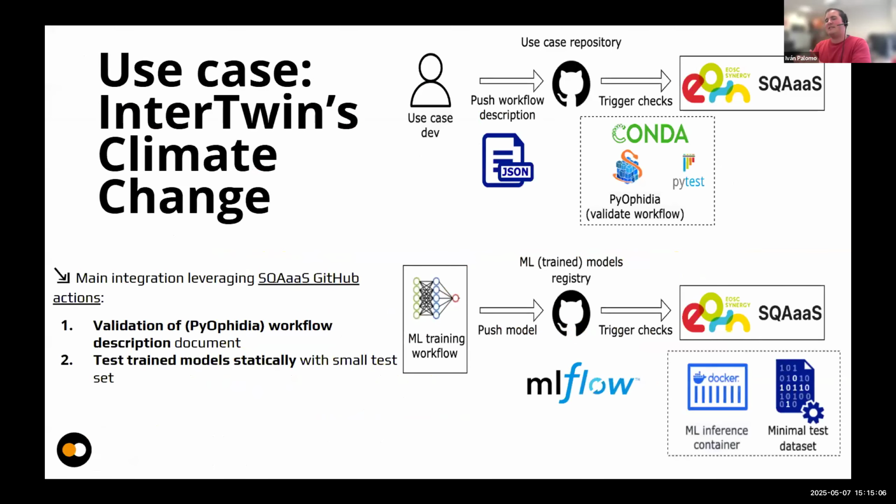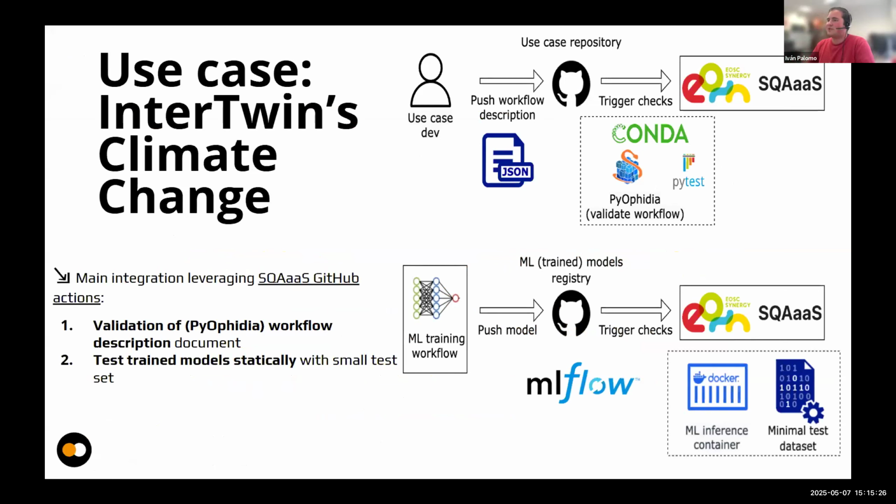Now let's see the use cases. There is one with interTwin climate change, which is the validation of the BioPhilia workflow description documents. These workflow documents are JSON files that need to have certain structures, need to have the instructions in certain orders and different specifications.